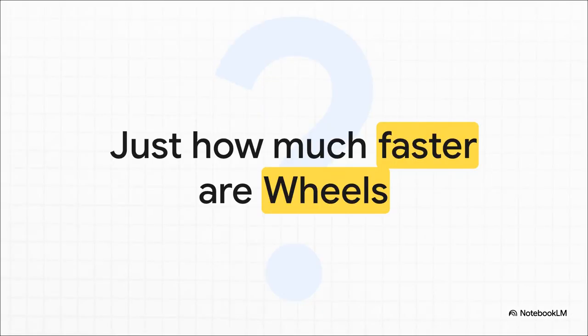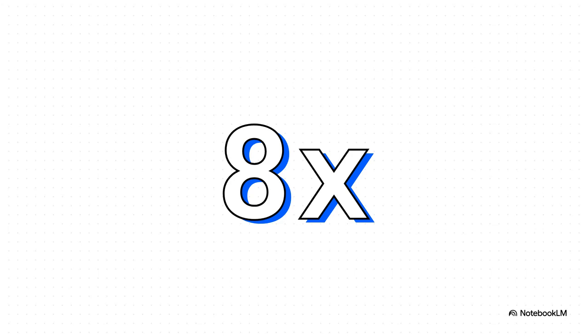Okay, but is it really that big of a deal? Does this pre-assembly actually make a difference? How much faster are we talking? Oh yeah, it's a huge difference. Take a complex library like cryptography. Installing it from a pre-built wheel can be up to 8 times faster than trying to build it from the source code on your machine. That doesn't just save you time, it gets rid of a ton of potential errors during installation.